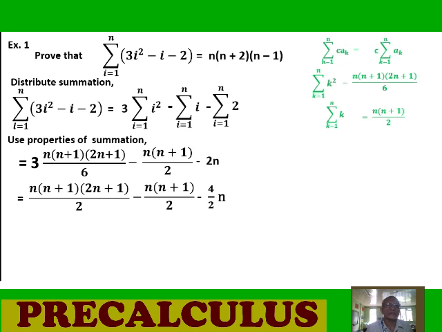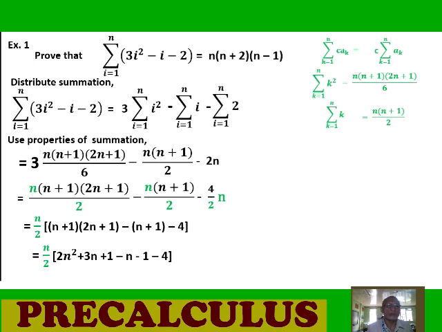In each of the terms, the common factor is n over 2. We can rewrite the whole expression with n over 2 outside the parentheses. Inside the quantity, distribute and simplify, combine similar terms.